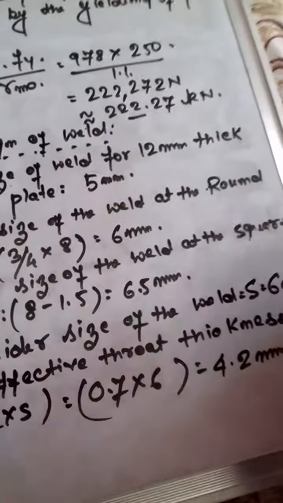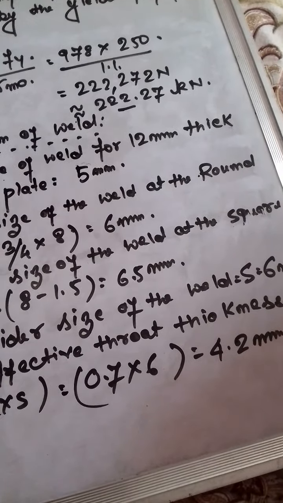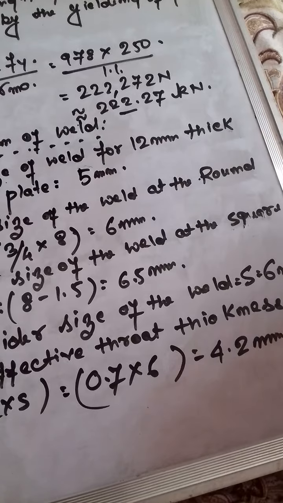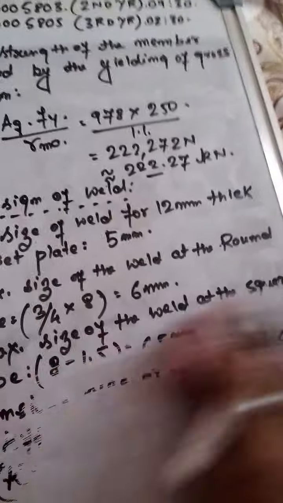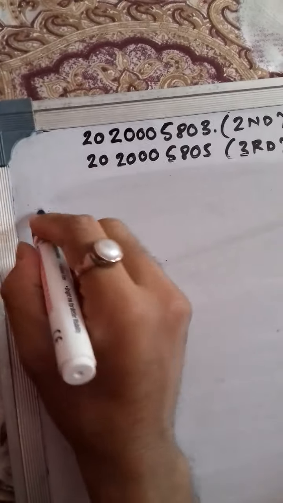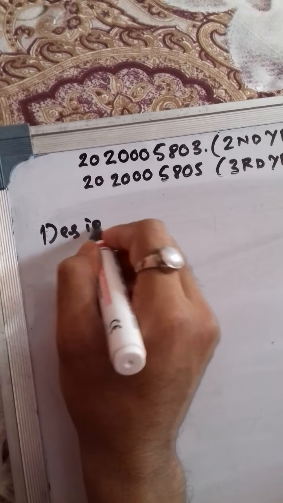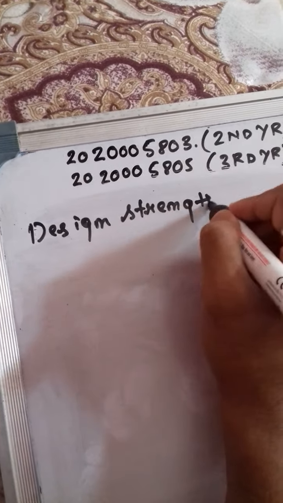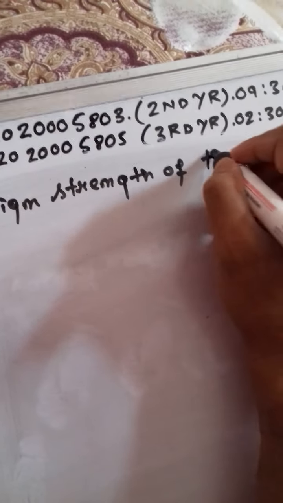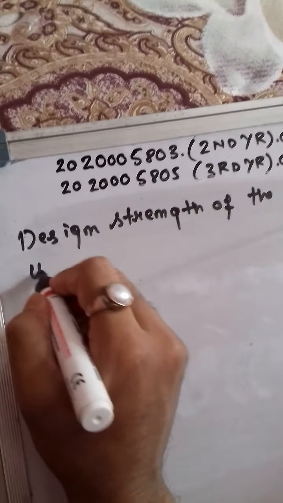Okay, now let us calculate the design strength of the weld per unit length.